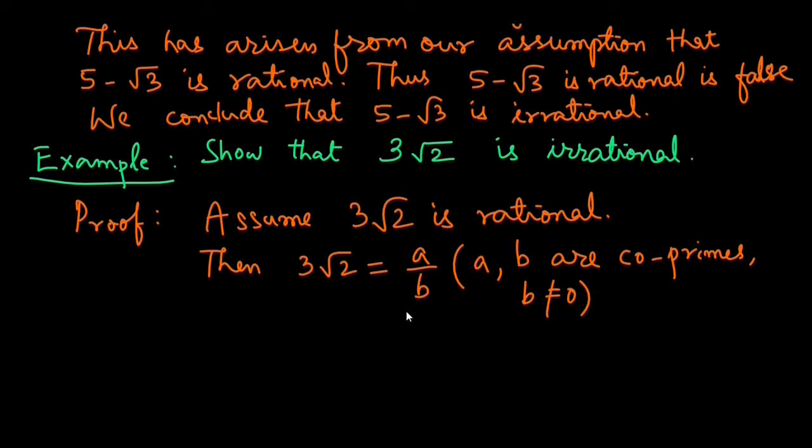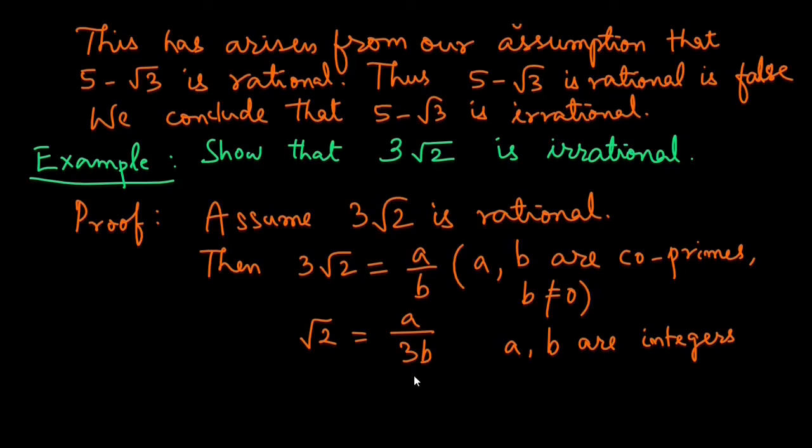Now let us rearrange: root 2 on the left side, take 3 to the right side, a by 3b. Here a, b are integers. So in the numerator a is an integer.